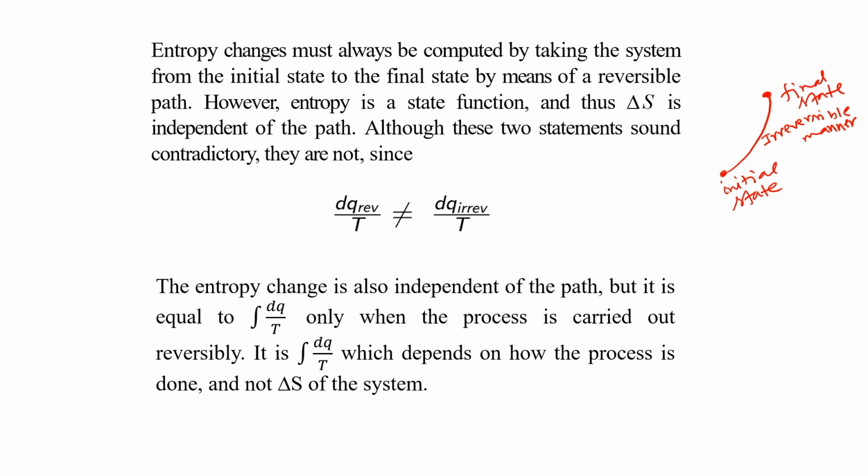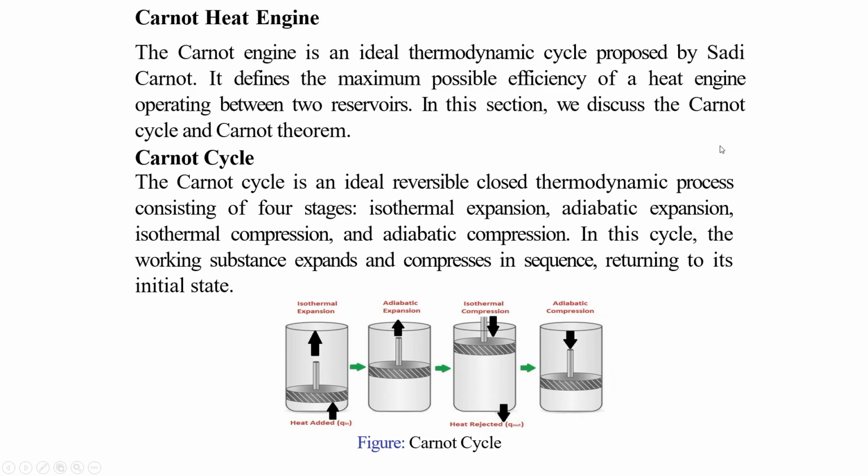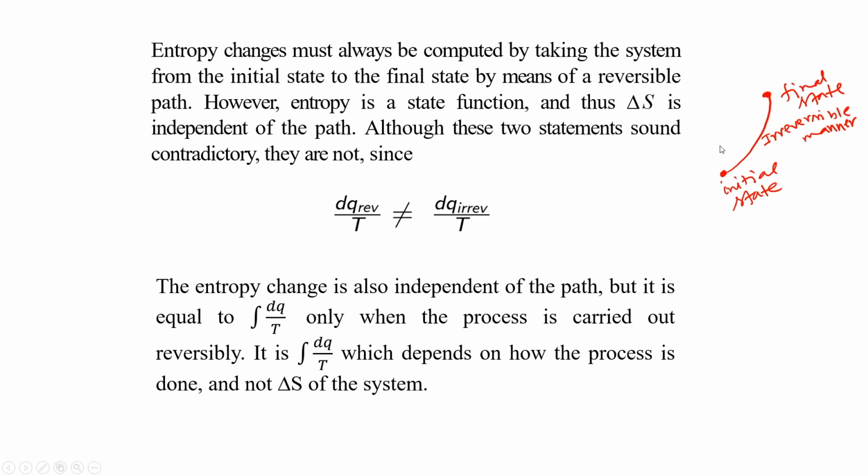So in order to calculate the change in entropy for this transformation from state 1 to state 2, we need to design another path, the reversible path. We design another path such that you go from the same initial state to the same final state, but in a reversible manner, not an irreversible manner.